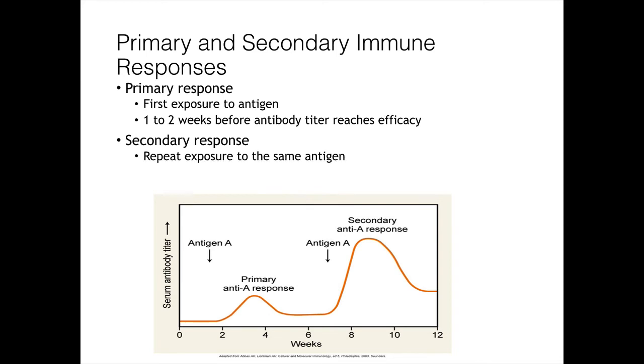So again, the primary response is the first exposure to the antigen. It usually takes a couple weeks before the antibody titer reaches efficacy, where it tops out. So it peaks and then it goes down again. The secondary response would be the repeat exposure to the same antigen. It has to be the same antigen. If it's a different antigen, it's not going to evoke the same kind of response.